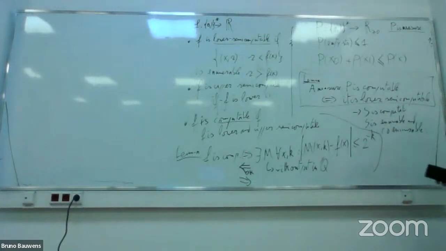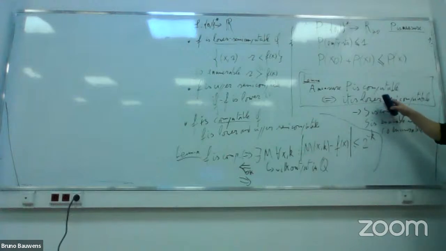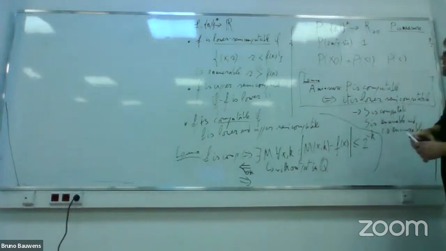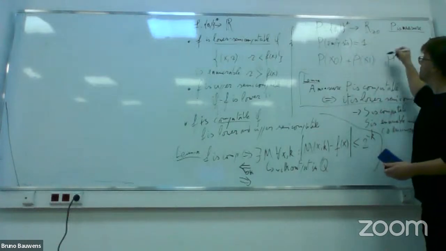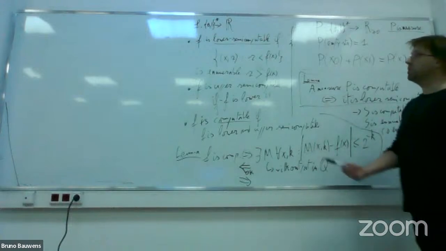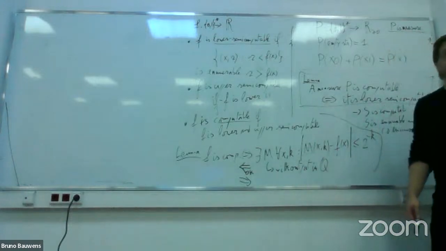Okay. So how can we prove this? So here we have measures, so I put the equality back. Go to one. Okay, so what we have to prove is that the measure is lower semi-computable.